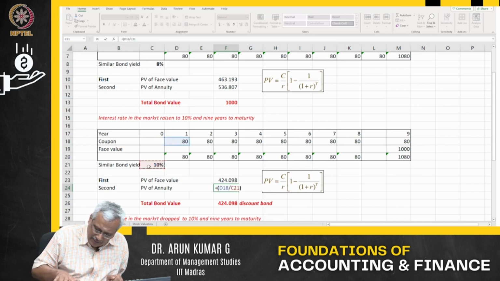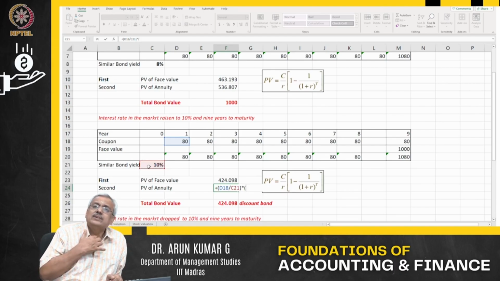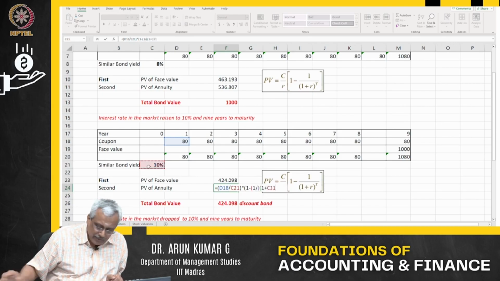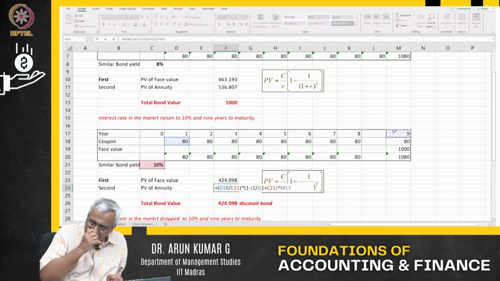So it is C by 10%, into 1 minus 1 divided by (1 plus 10%) to the power of 9, because my number of years is only 9, as 1 year has already lapsed when I bought this bond. And then I close it.